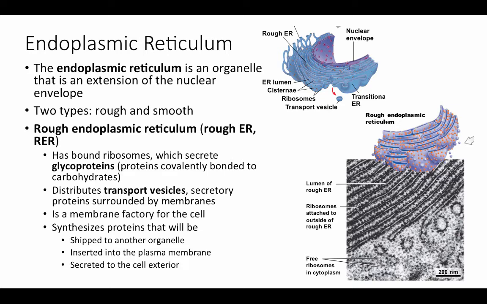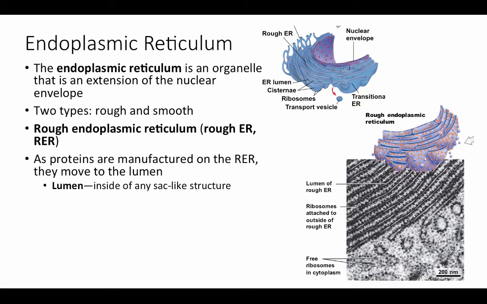These could be proteins that are going to be inserted into the plasma membrane, so be part of those intrinsic proteins in the plasma membrane. So all it has to do is stick those proteins in the membrane that it's budding off. When that membrane joins with the plasma membrane, those proteins are already there in that cell membrane and they just become part of the cell membrane. Or, as we just discussed, secreted into the cell exterior.